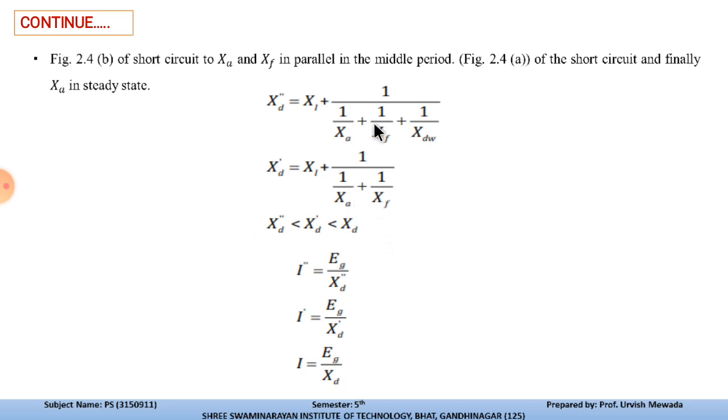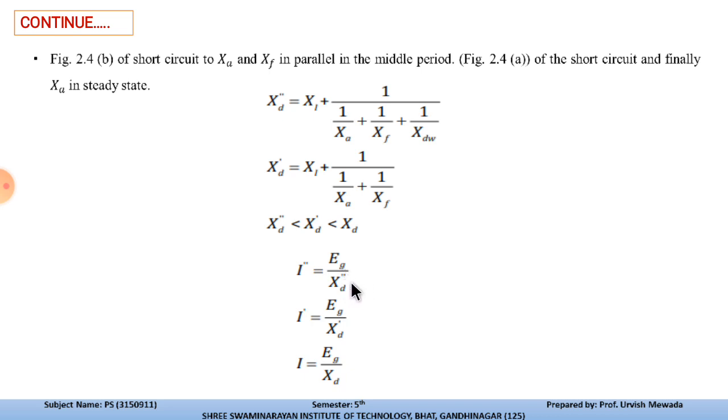From that we can write the equation of I double dash. At that time, for I double dash the reactance is Xd double dash, so I double dash is Eg by Xd double dash. This is the equation I equals V by R, where the voltage is the generated voltage Eg. Here we do not have any resistance, we have reactance in the circuit.